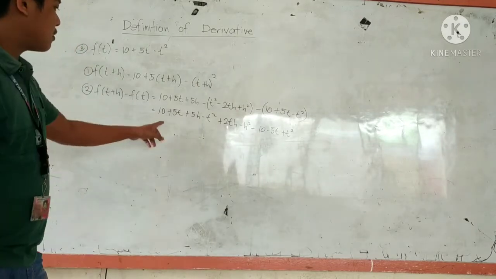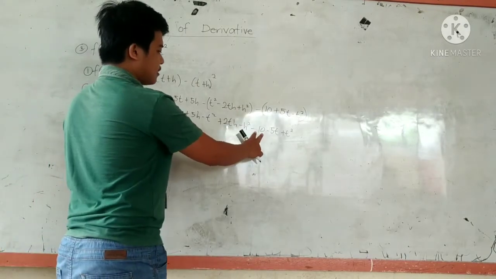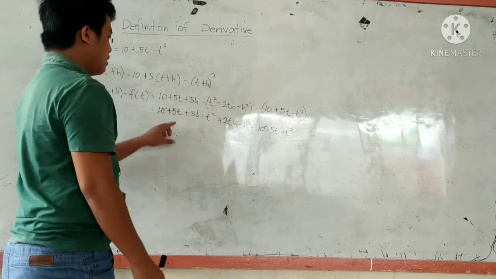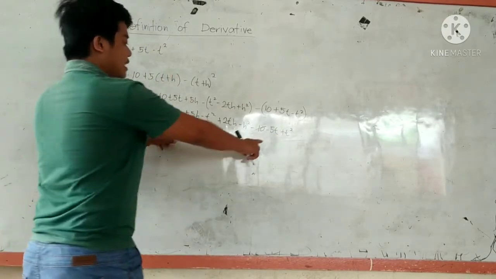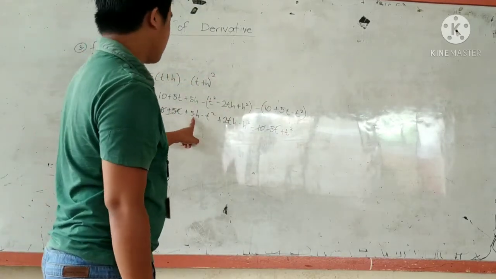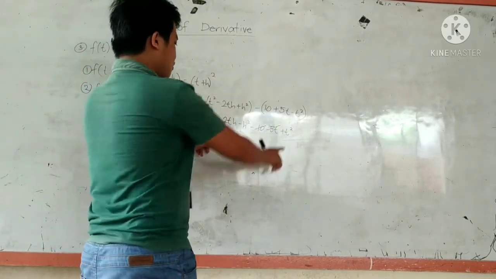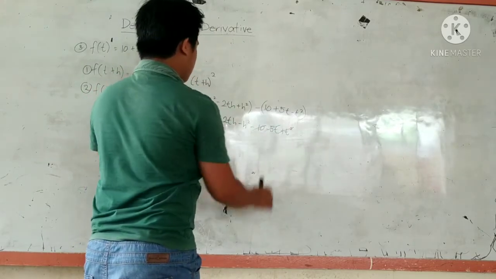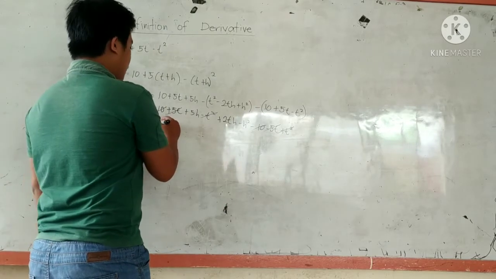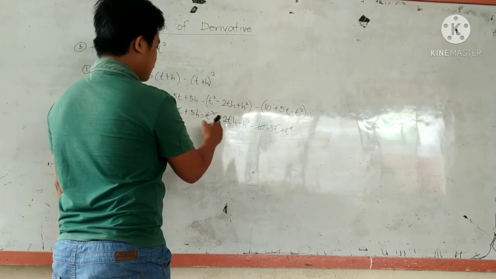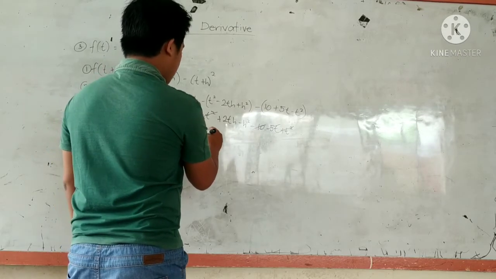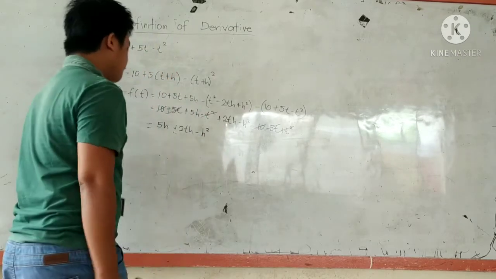As you can see, we have 10 and negative 10, so that will be 0 already. We have positive 5t and negative 5t, that will also be 0. Negative t squared and positive t squared will also be 0. What's left are 5h minus 2th minus h squared.